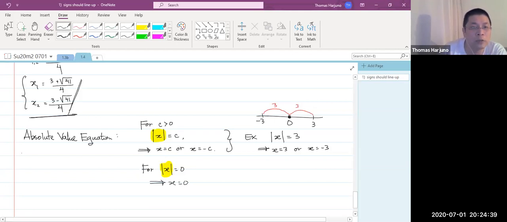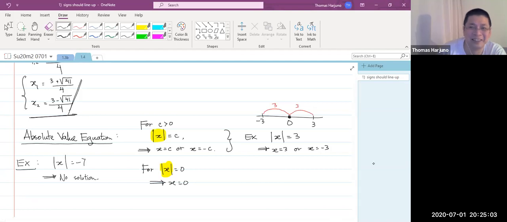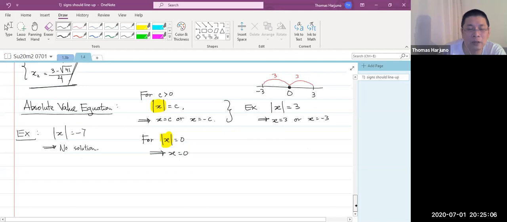In other words, if you have absolute value of something equals a negative number, just say no solution right away. For example, absolute value of x equals -7, no solution. I think that's the easiest question, right? Absolute value of anything should be positive or 0.